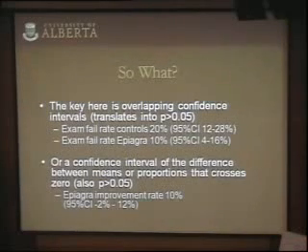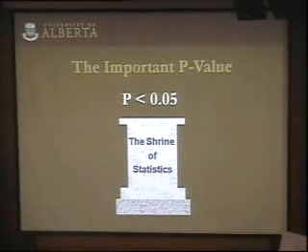So what? Well, I'm going to pass this one and come back. We do anchor everything on this shrine of statistics of 0.05, but a p-value of 0.05 is an arbitrary decision which people have decided to accept as the standard. And it's hard to convey that when you're looking at it visual.